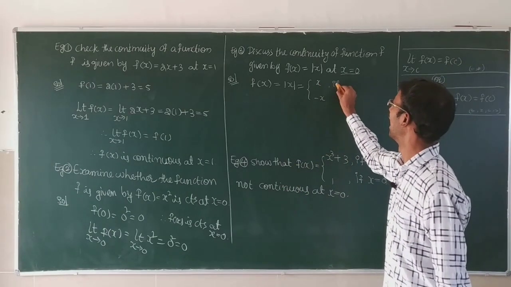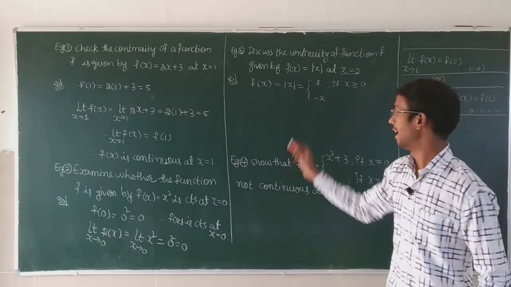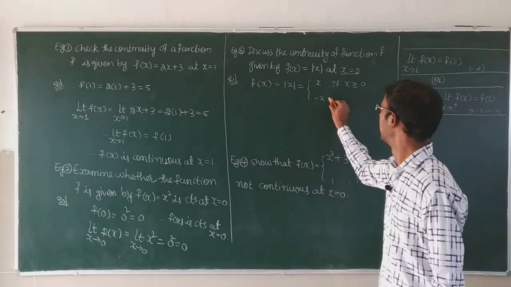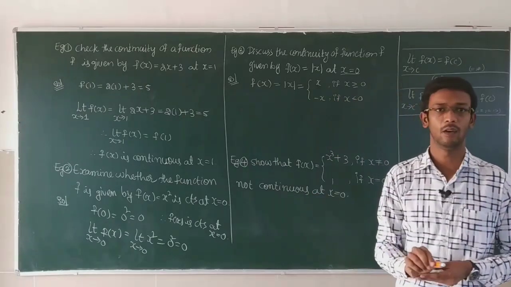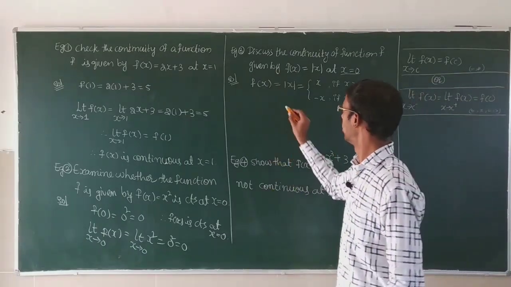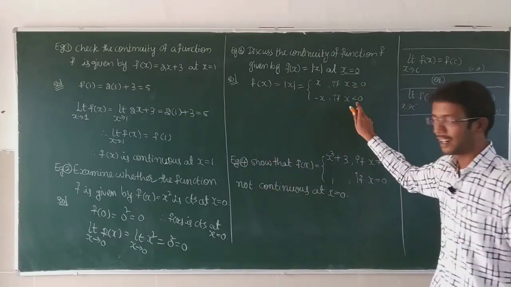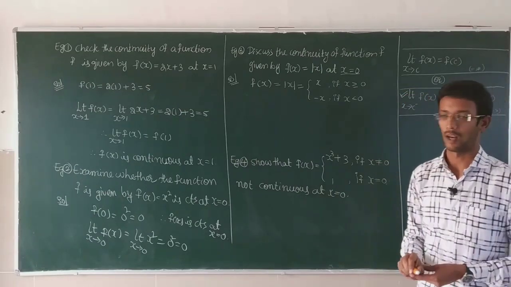If x is greater than or equal to 0, mod x value will be x. If x is less than 0, mod x value will be minus x. So now less than and greater than symbols are there, so I will use the second formula.